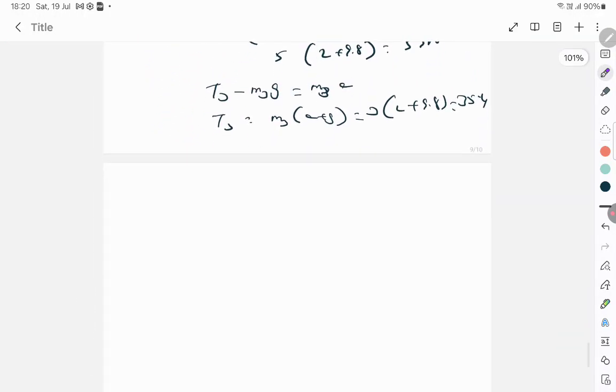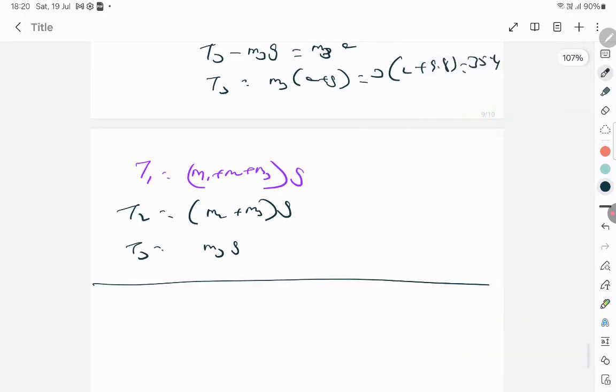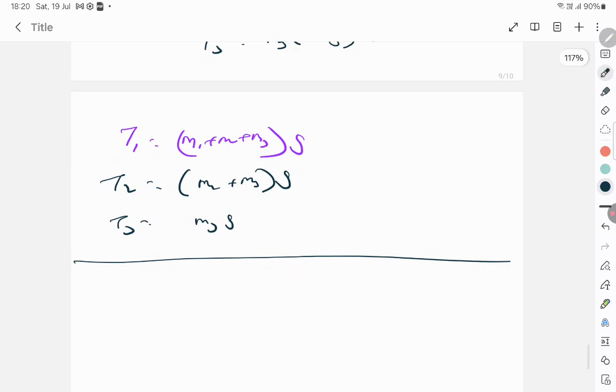So in that case T1 is equal to m1 plus m2 plus m3 into g. T2 will be attributed to only m2 and m3 into g, and T3 will be only because of m3 into g. Like that you can find, only if the system is in equilibrium or it's not having any acceleration upward. Okay, let's go to the next question.